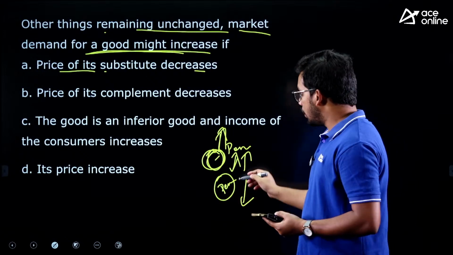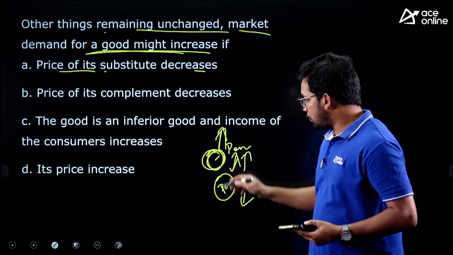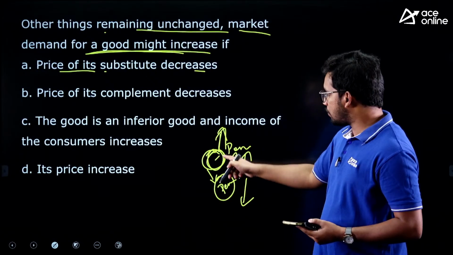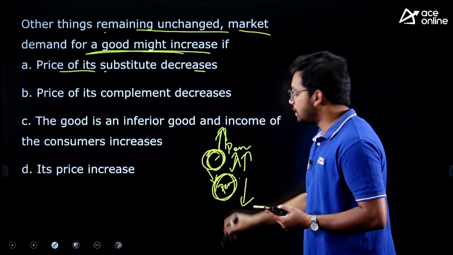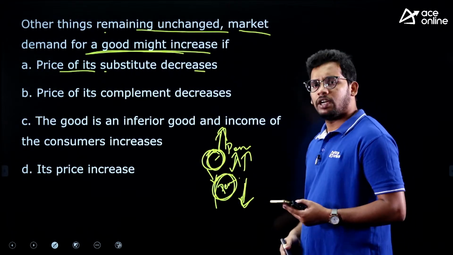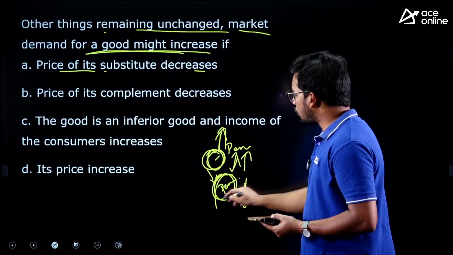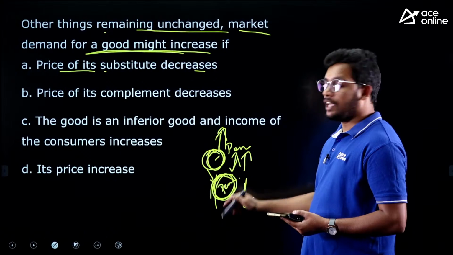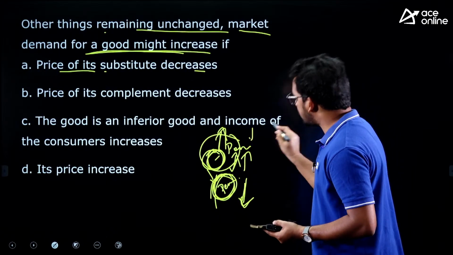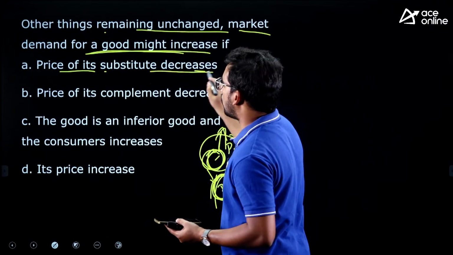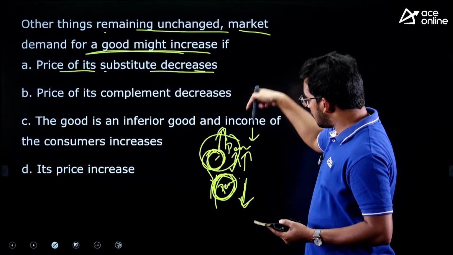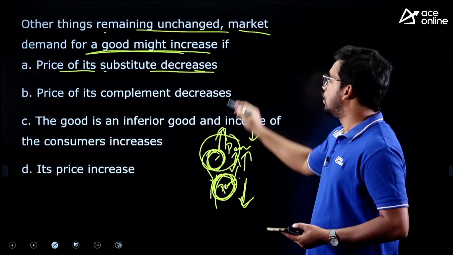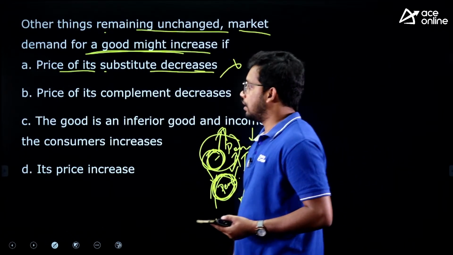No, that's wrong. If the pencil price is decreasing, will you demand the pen or shift to the pencil? You will demand the pencil because it is cheaper. So the demand for pencil increases and for pen it will decrease. So this statement is wrong, and it is not satisfying.